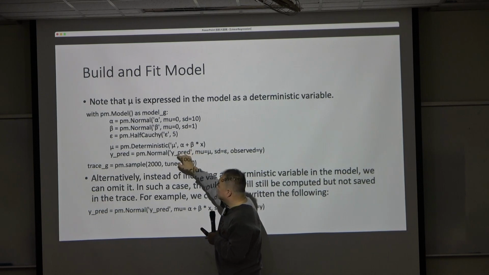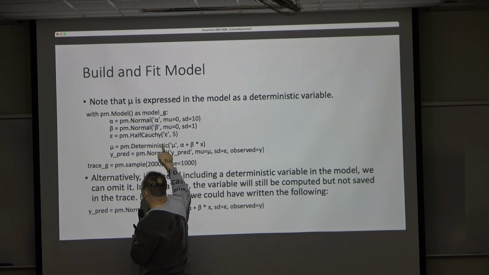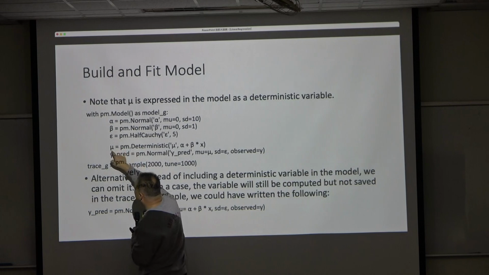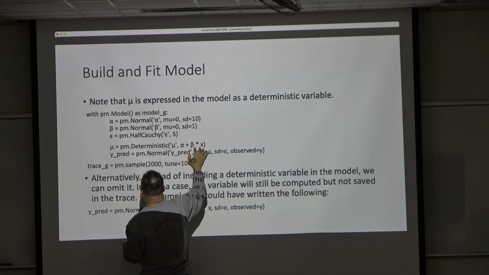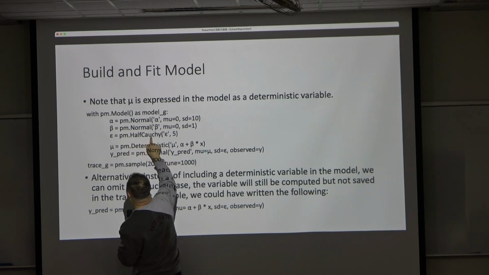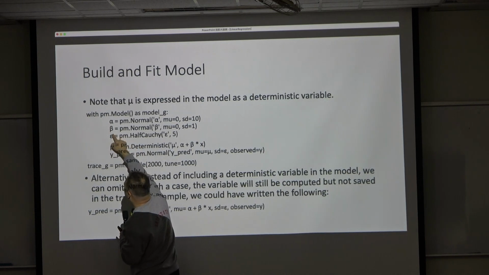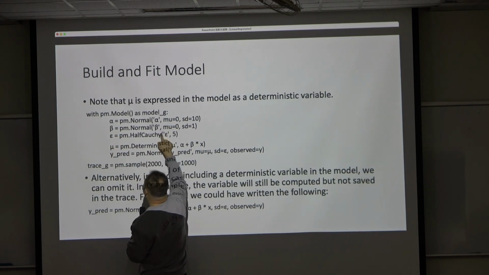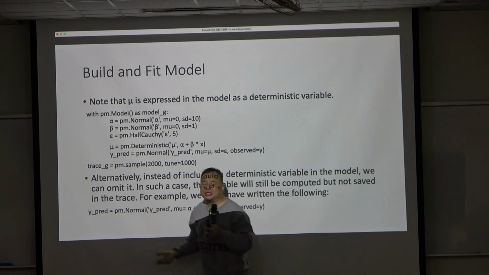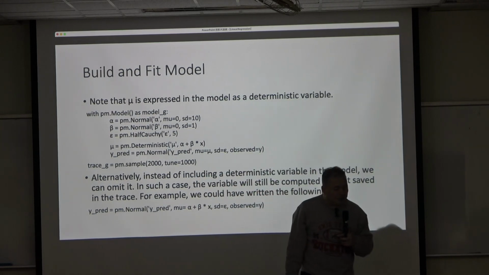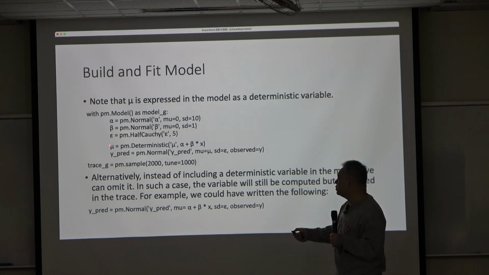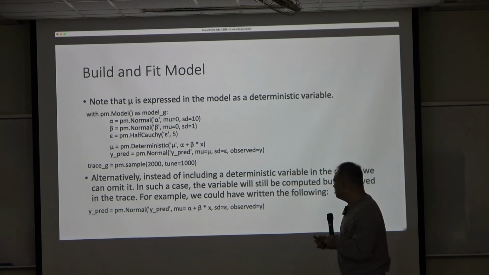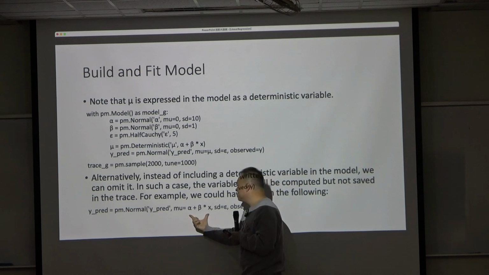Deterministic means it is a variable that gets computed from these values. If the variable is equal to a certain distribution, then it is a random variable. You can also put it inside here.